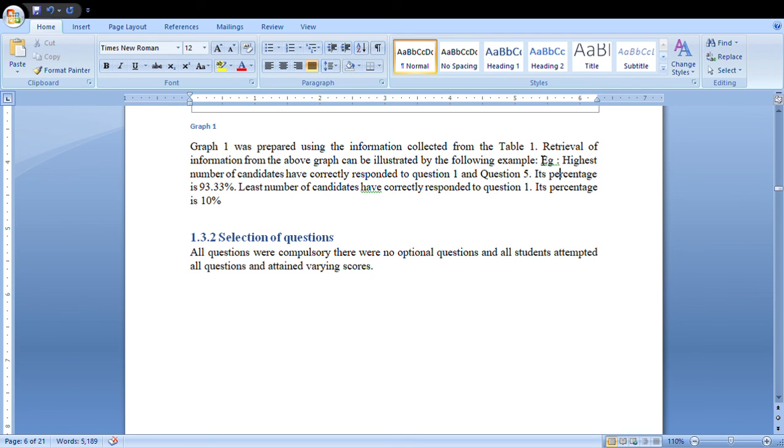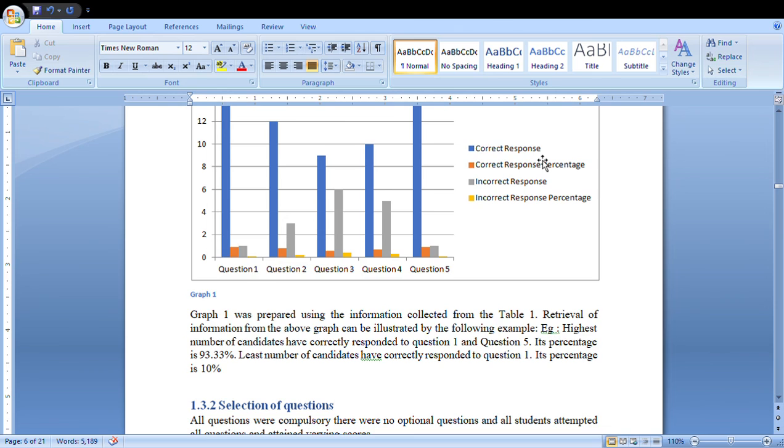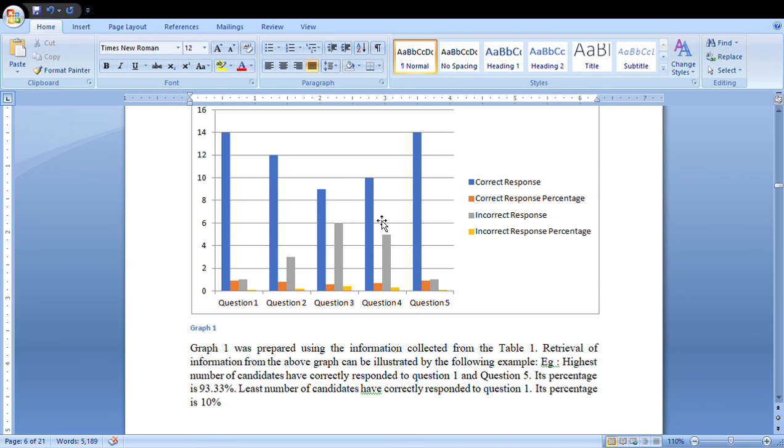So here we are stating the above graph, trying to explain in brief about it, saying that the highest candidates have correctly responded to question 1 and question 5, and say its percentage is 93%.